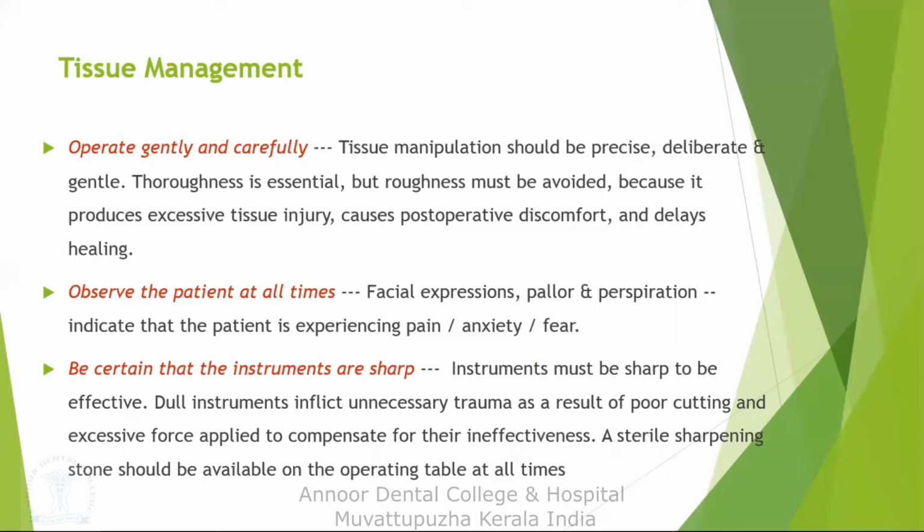My HOD used to say it's the most forgiving tissue, because even if it's a small blade wound, it might tear, but it will revert back to its original shape very soon. So make sure your manipulation is precise, gentle and thorough, but not rough, because roughness produces excessive tissue injury, which can cause post-operative discomfort and may delay healing as well.